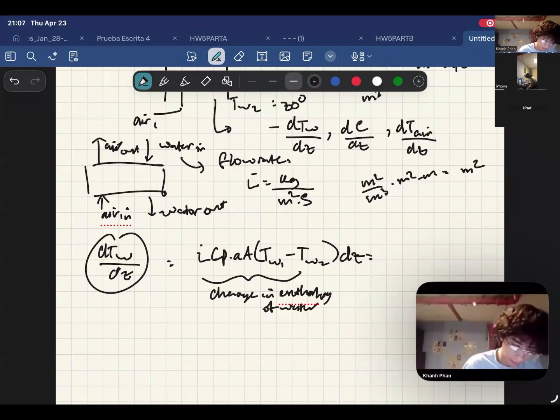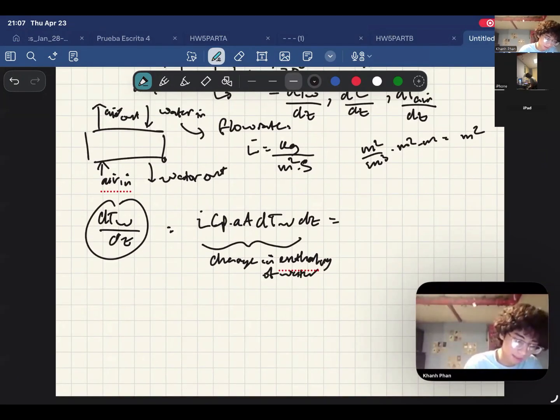Or actually, I made a mistake. There's no dz over here, because it's just the overall change of the enthalpy of water, which doesn't have to be with respect to z yet.